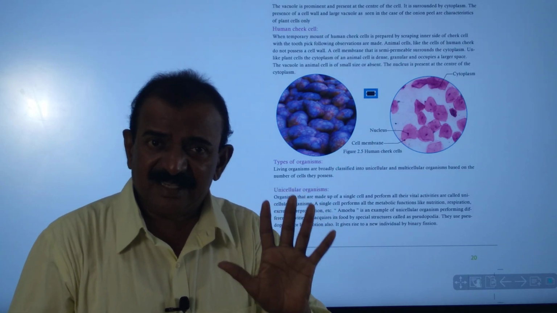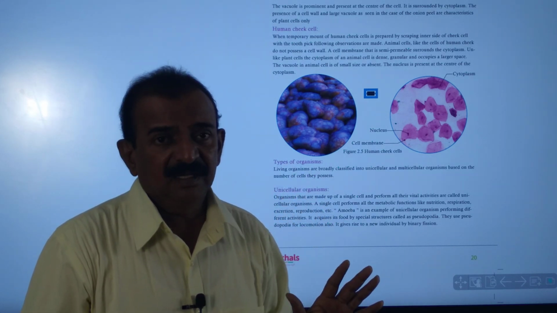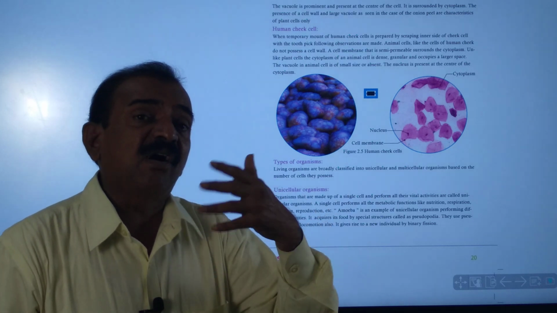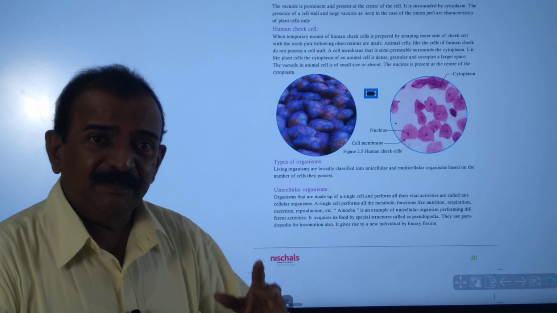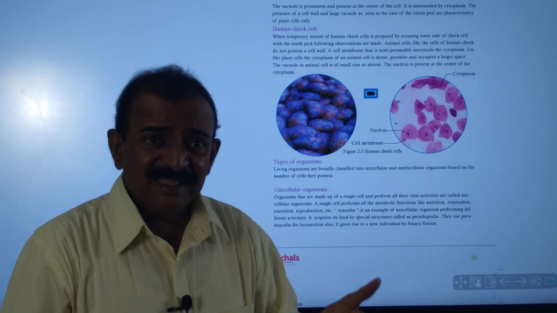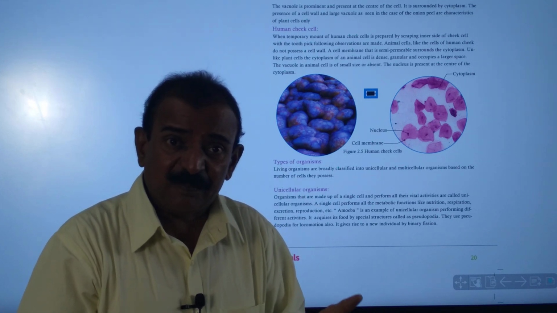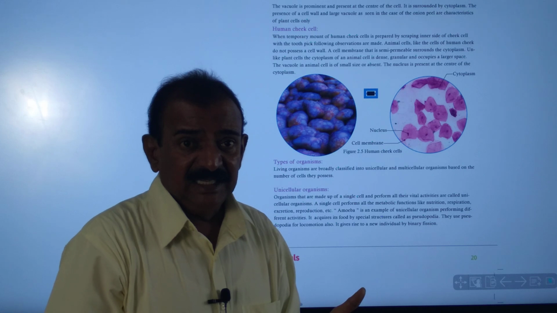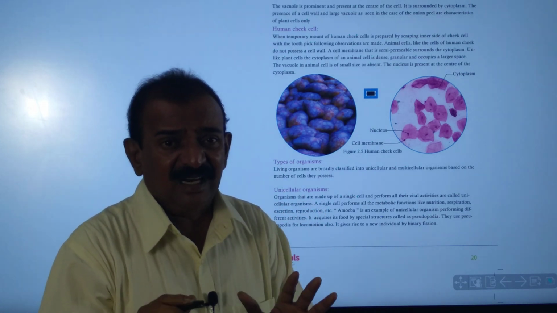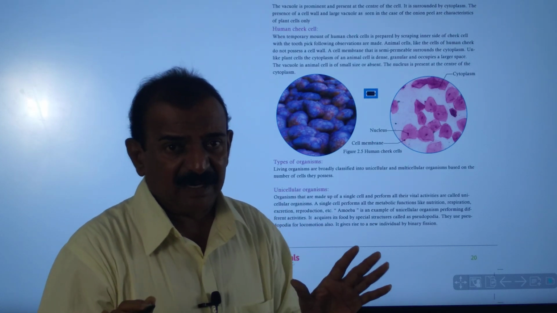Unicellular organisms consist of only one cell, for example amoeba and paramecium, and that cell performs all life processes. They perform reproduction, digestion, and transportation. All life processes are performed by a single cell, and those organisms are called unicellular. They belong to the phylum Protozoa, for example amoeba and paramecium.